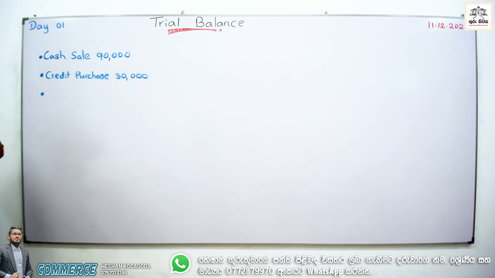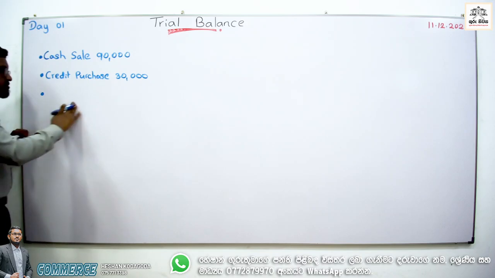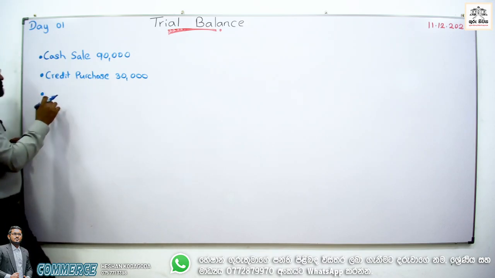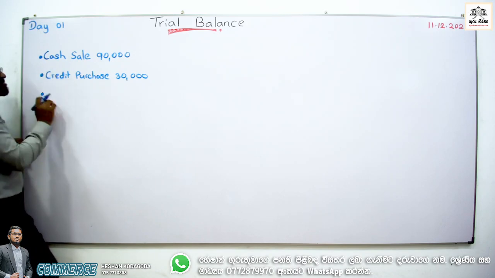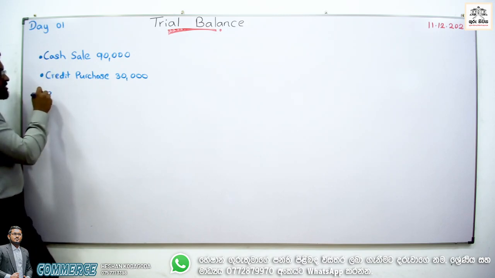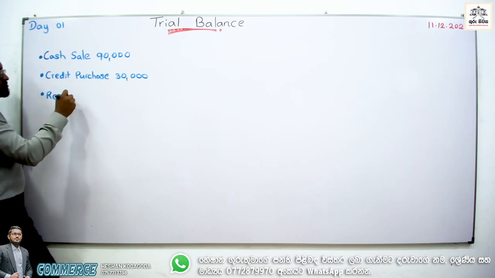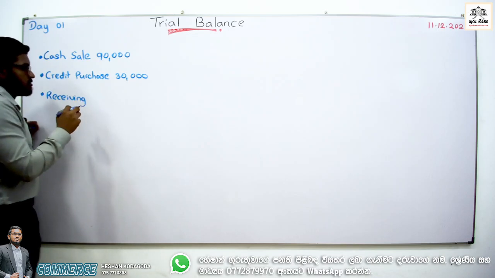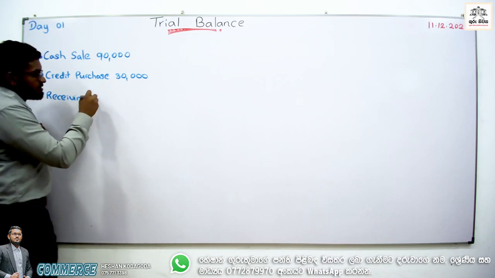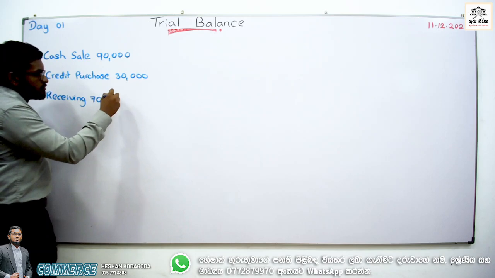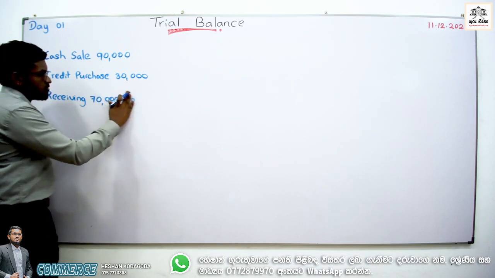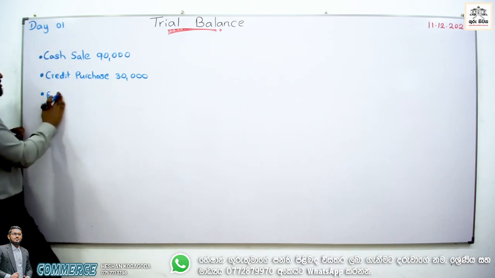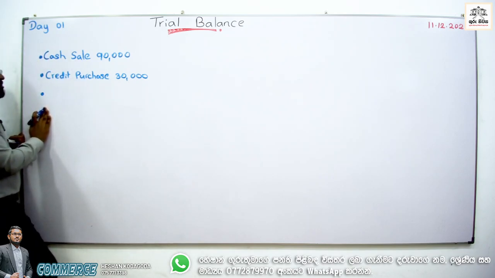Next one, cash sales receiving 70,000. Like this, cash sale 90,000, credit purchase 30,000.